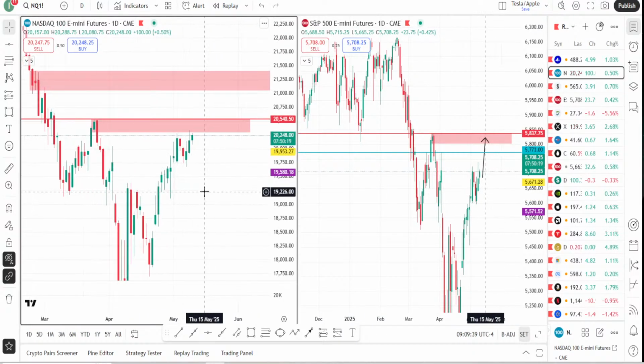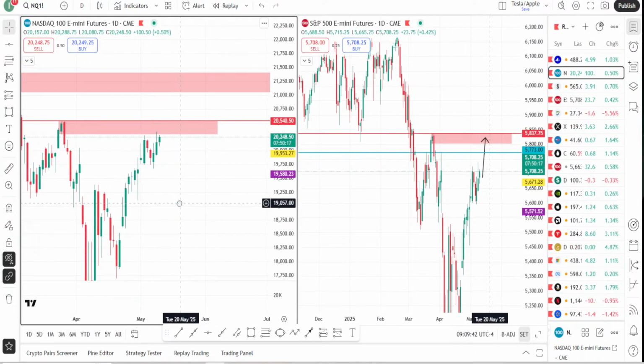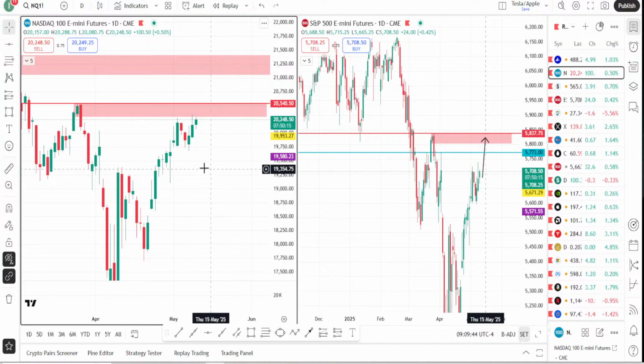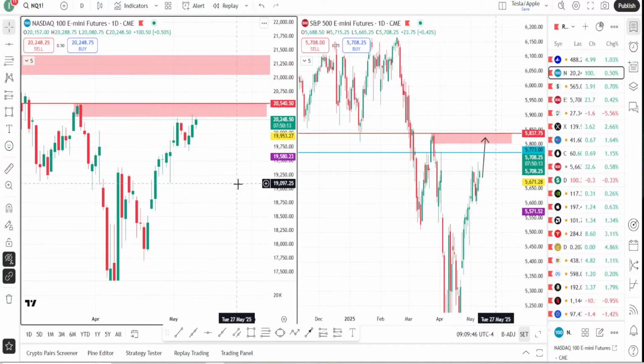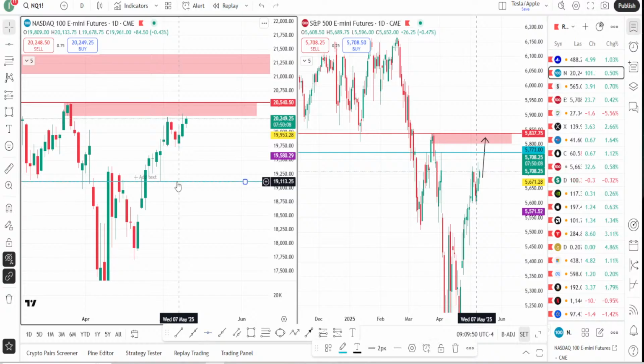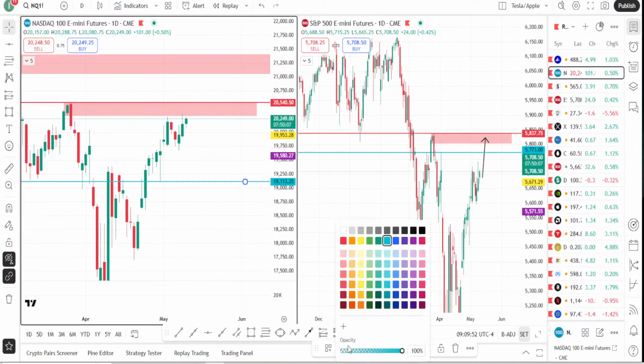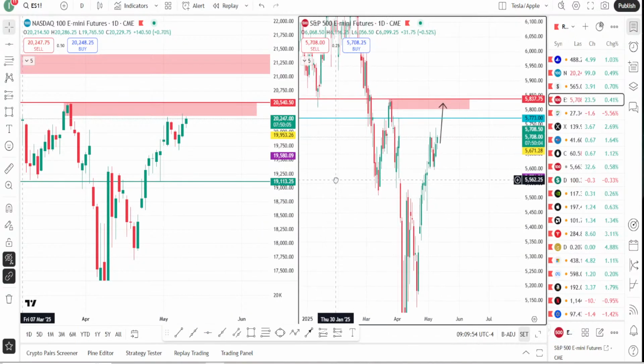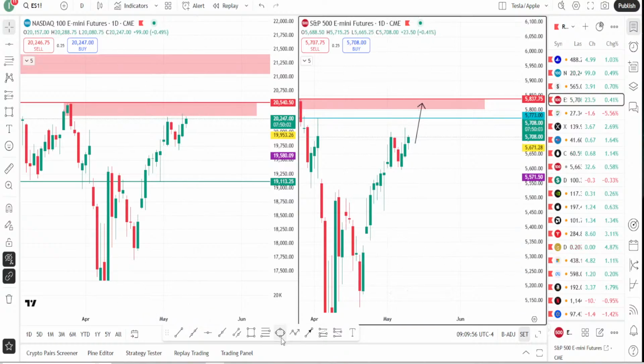Now let's go back here on the NQ, and we're going to mark our support. Same thing here on the ES.